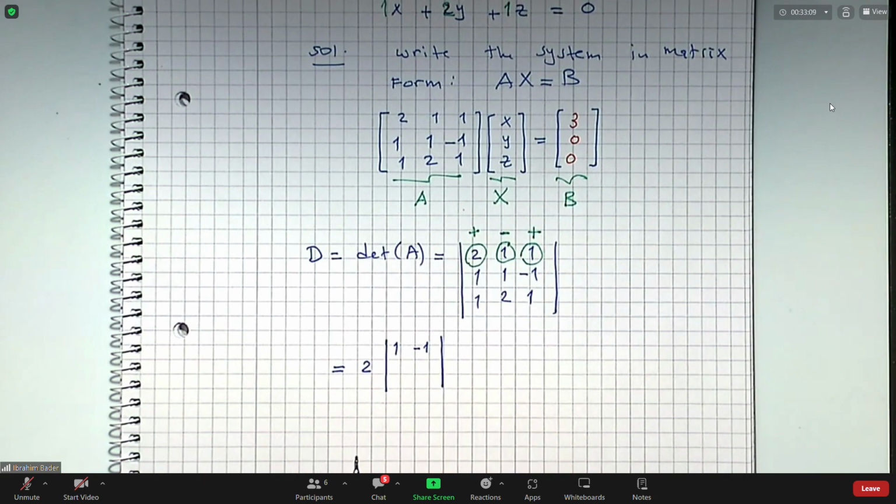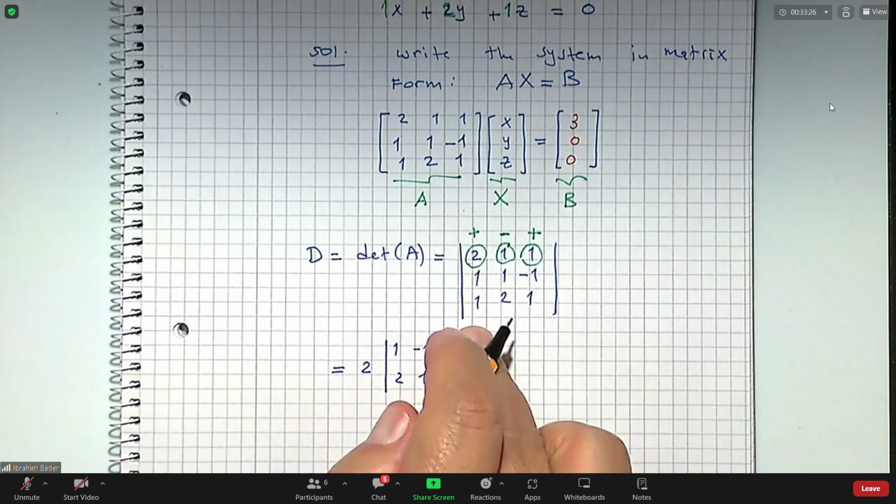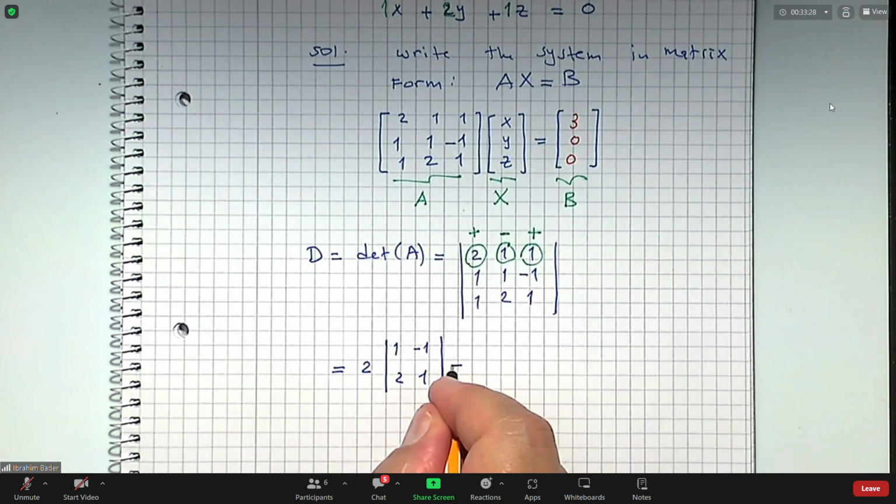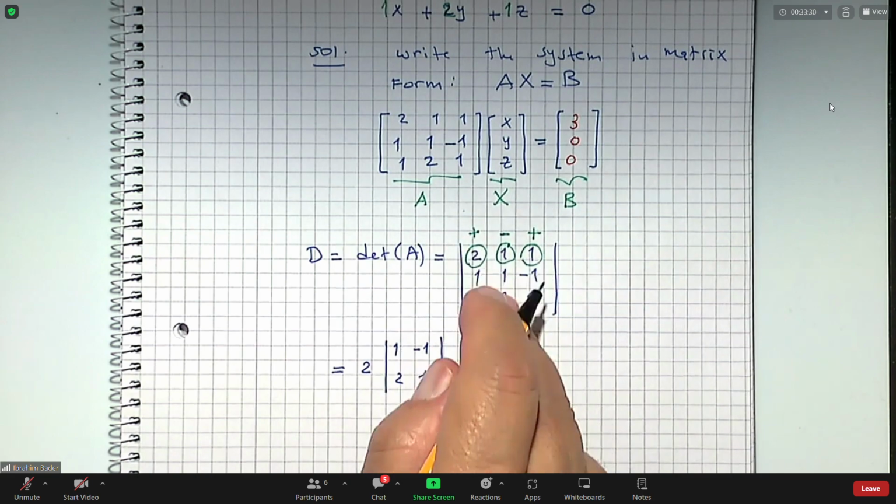Okay, I see that only Amna is reacting here anyway. So this one is 2, 1. So I just cancel this row, this column. Negative. So the second column here is negative.